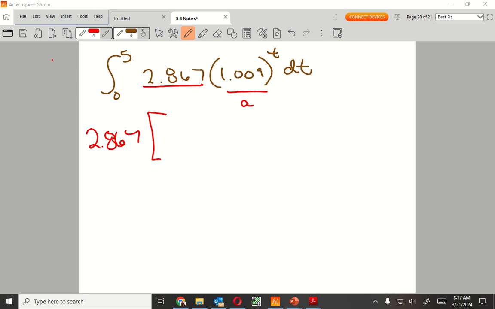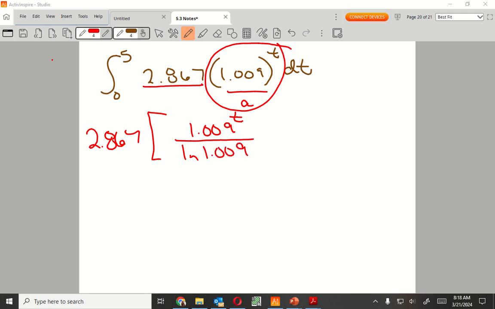And now we could actually do this part right here. So if this was my a, and that's the t, my answer is going to be 1.009 to the t over ln 1.009 from 0 to 5.